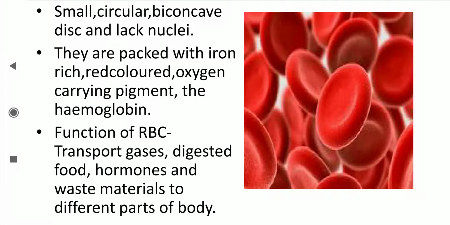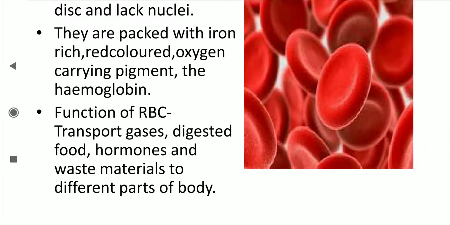Now they are packed with an iron-rich, red-colored, oxygen-carrying pigment, that is what? Hemoglobin. What is hemoglobin? Hem means iron, globin is protein. So in RBC, iron is attached with protein.